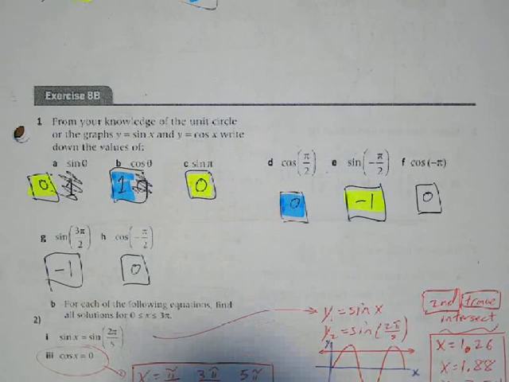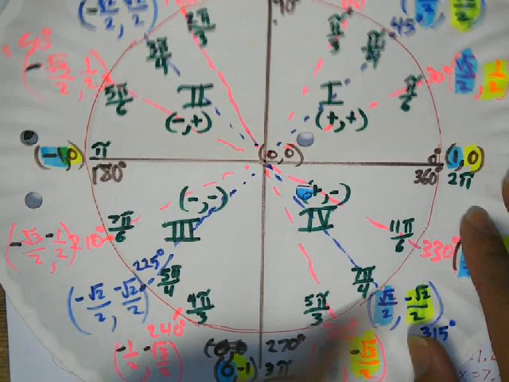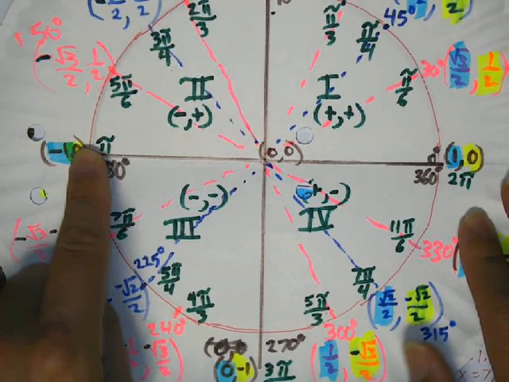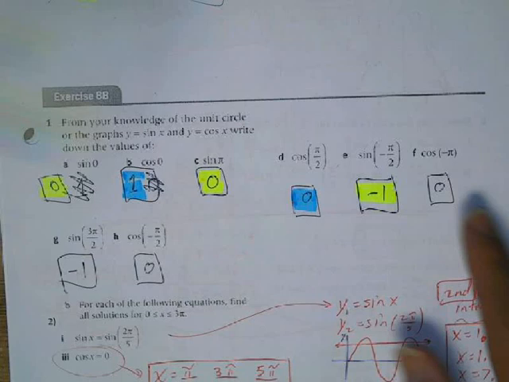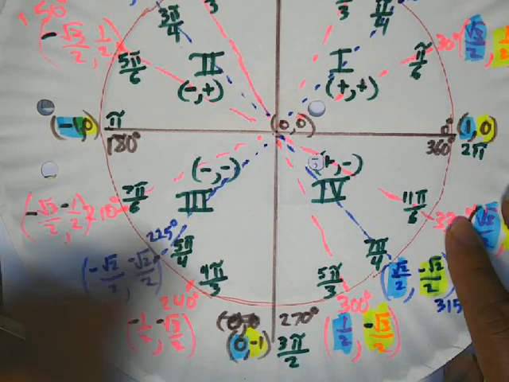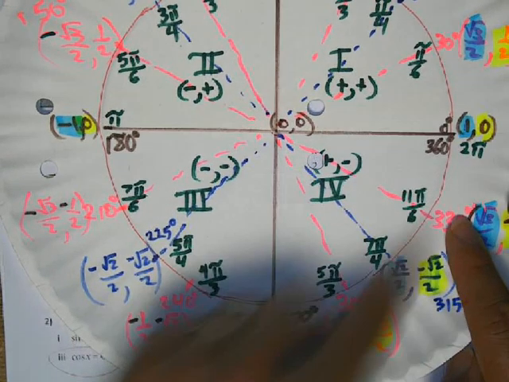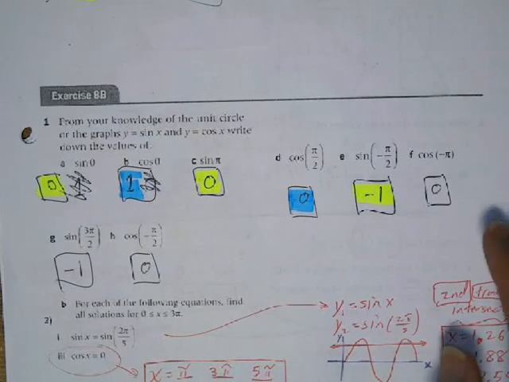Okay, cosine of negative pi. So negative pi is the same thing as going pi, right? So cosine is the x value, and oh, did I mess that up? Cosine is the x value, and I should be at negative 1. That's a mistake.